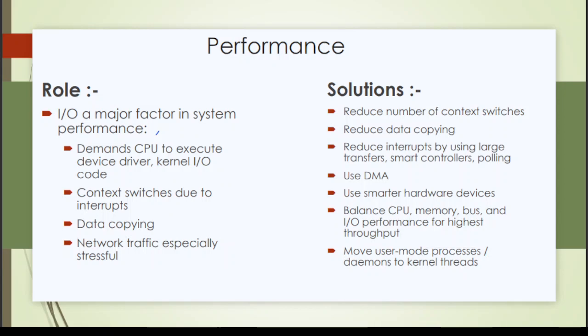Solutions for these performance issues. We can reduce the number of context switches during IO processes. We can reduce data copying. We can also reduce interrupts by using large transfers.